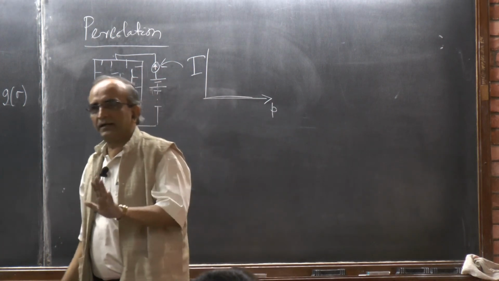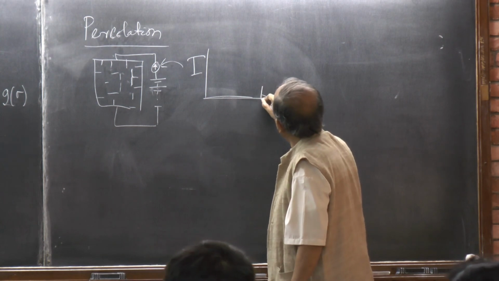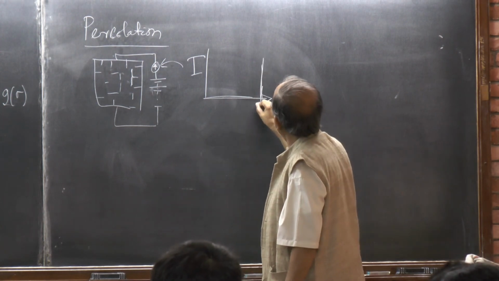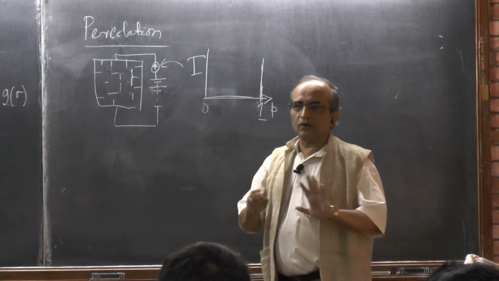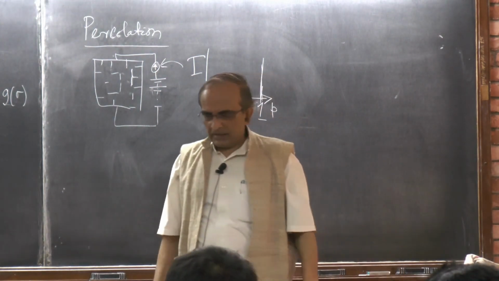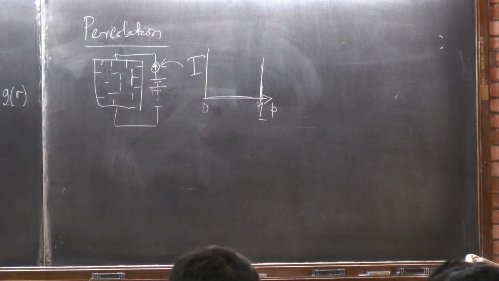Now it is clear, P maximum value can be 1, and minimum value can be 0. I have not thrown anything. Now if I put all the conducting bonds, then there would be a conducting lattice. Everything will be conducting.